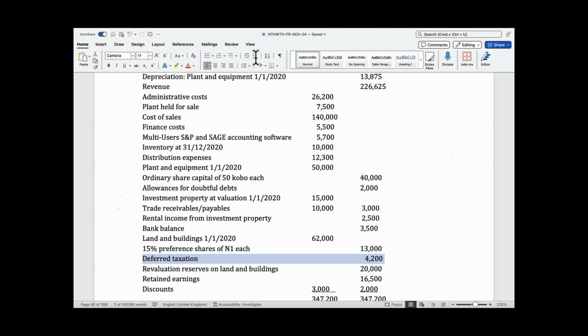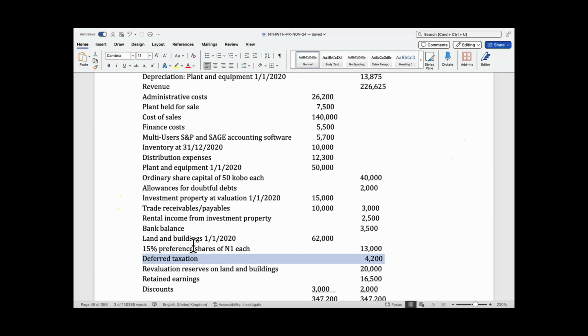The difference will give you either a deferred tax expense or a deferred tax income. It is those ones that go to P&L. Yes, the difference between opening and closing.